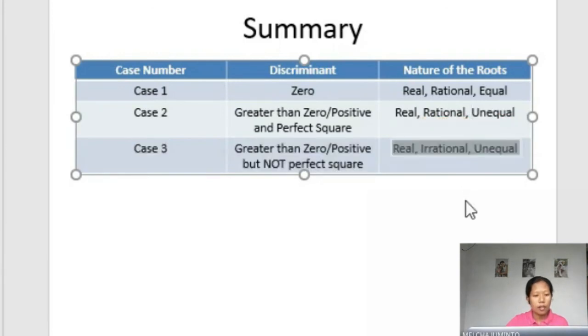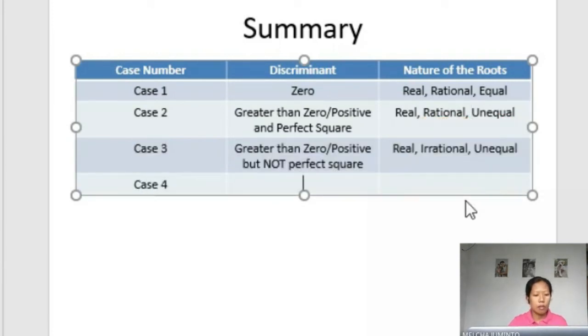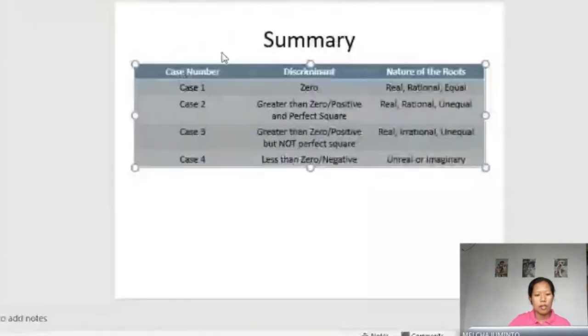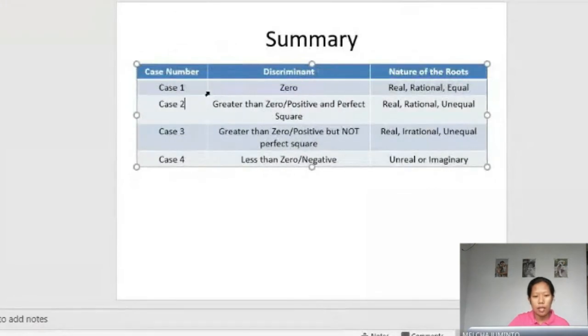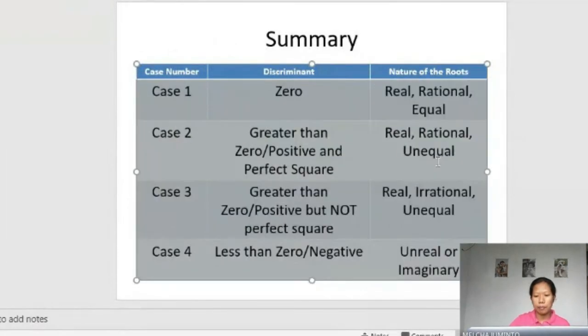And then finally, we have the fourth case, case number 4. If the discriminant is less than 0, when you say less than 0, it is a negative number, we expect that the roots are unreal or imaginary. Okay, so this table will summarize the first lesson about the discriminant.